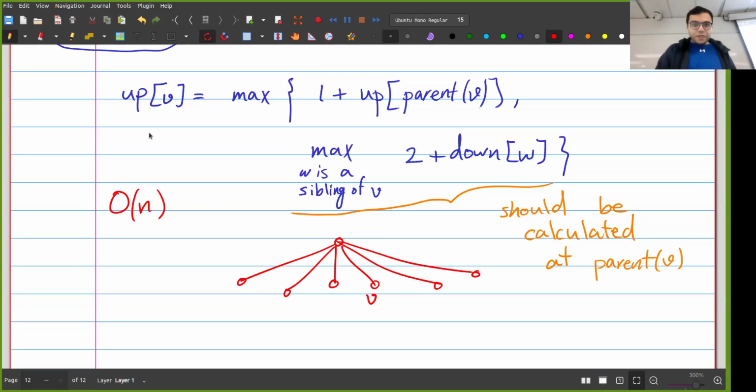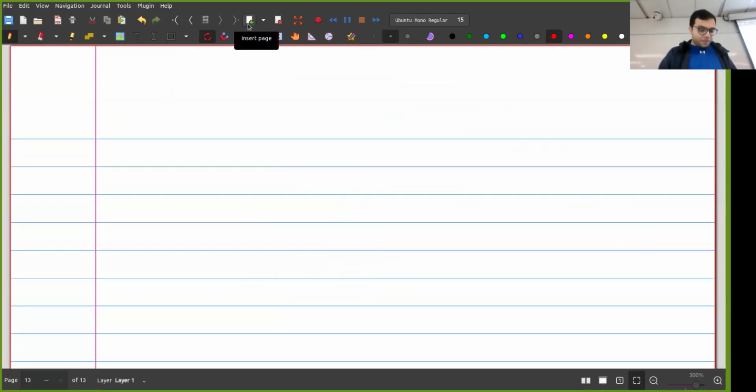Okay, we're going to continue with dynamic programming. We're going to see more examples of dynamic programming. Here's another very classical example. It's called edit distance.